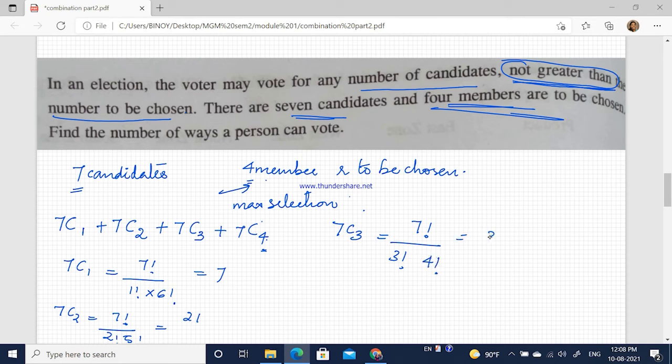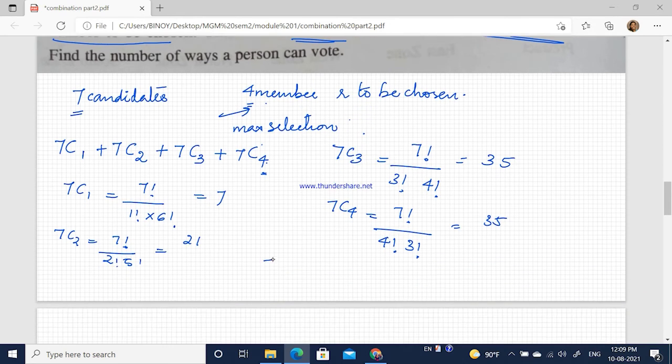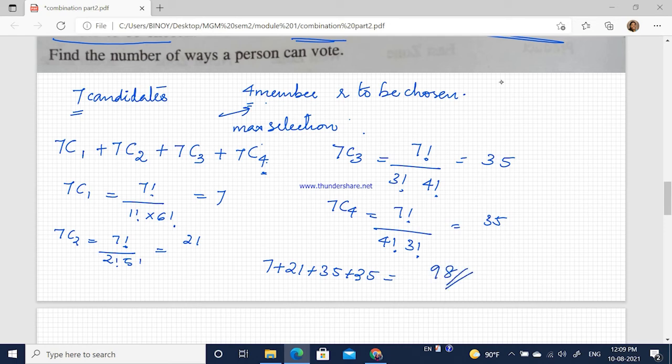That is 35. And 7C4 is 7 factorial by 4 factorial into 3 factorial. So that is also 35. So when you add 7 plus 21 plus 35 plus 35, it will give you 98. So the number of ways a person can vote is 98 ways.